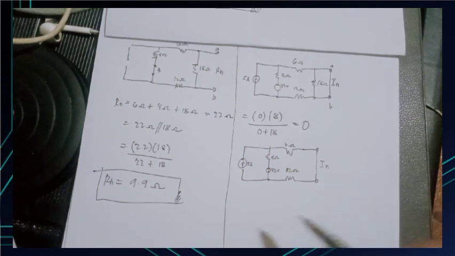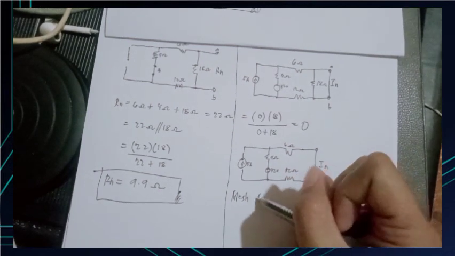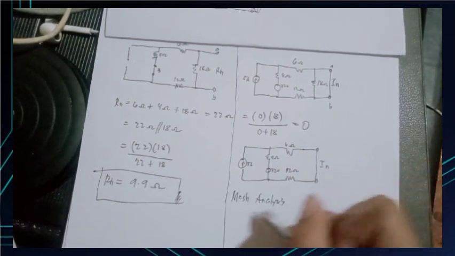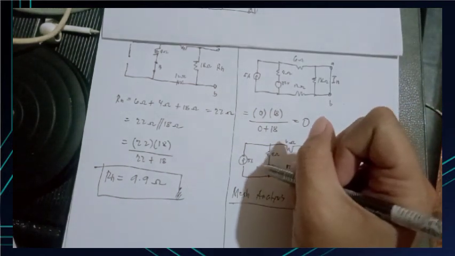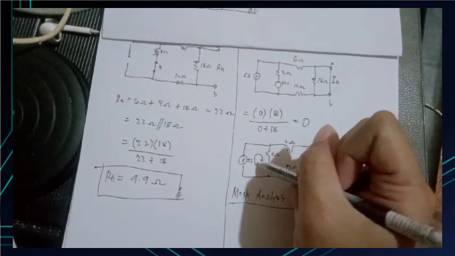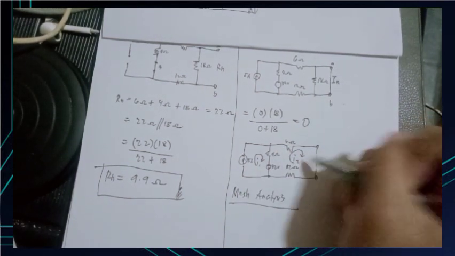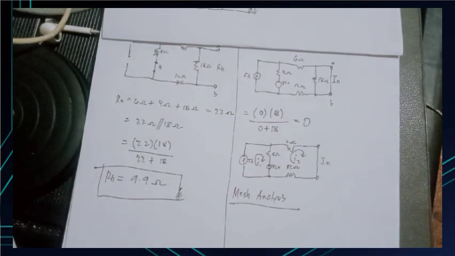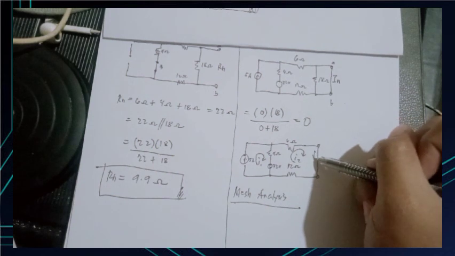So, ang gagawin natin ngayon is mesh analysis. Maglo-loop lang tayo. So, kunyari ito, pag ganyan siya, so ito yung I1, loop din ng ganyan, ito yung I2 natin.